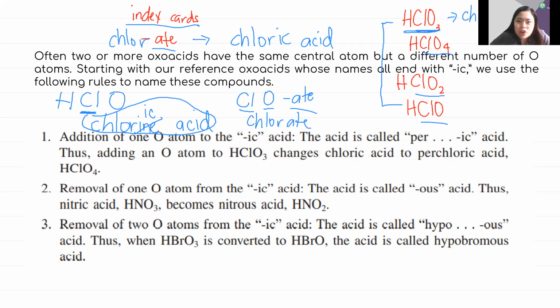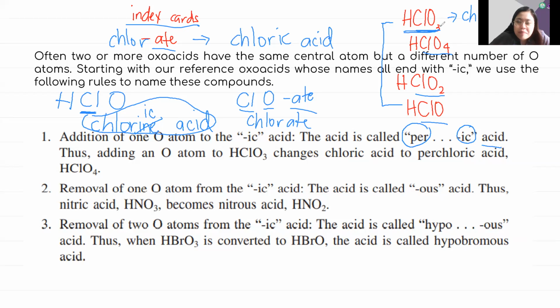Now kasi ganito, mag-change yung name niya kung either madagdagan or mabawasan ang oxygen. Ang tandaan ninyo, pag galing sa base acid, this is our base acid here, the chloric acid. Pag ang oxygen madagdagan ng isa, yung pangalan niya ay dudugtungan ng per as prefix, mag-i-end pa rin siya ng IC, and then meron pa ring word na acid.